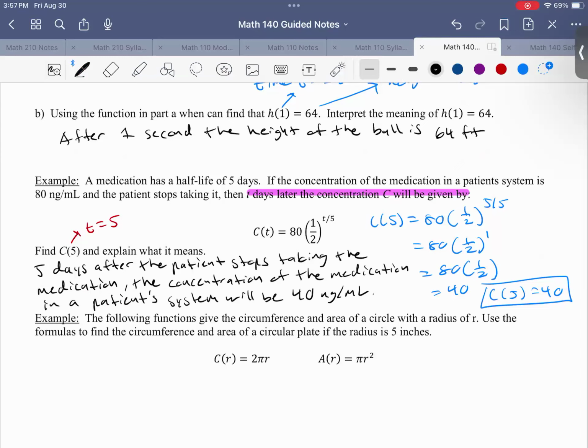That's the value that we just found, interpreted in the context of this problem.